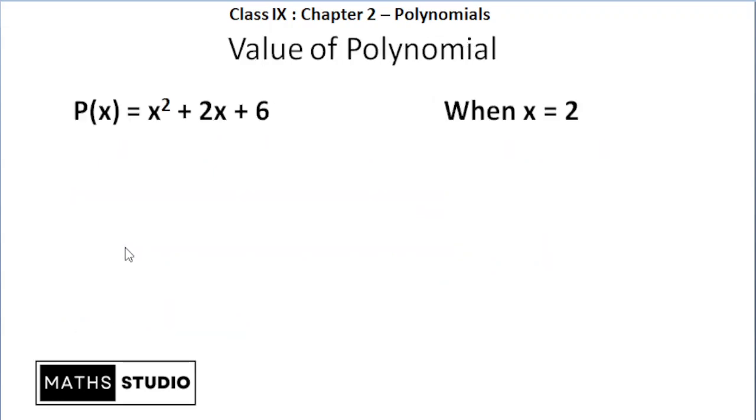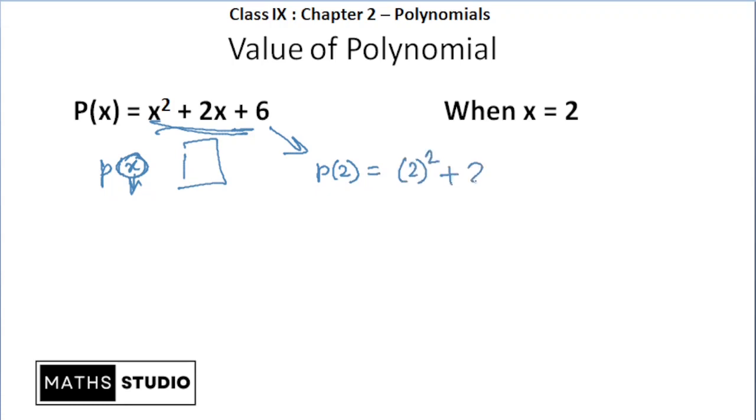Now, what is the value of a polynomial? As I had told you, what was p(x)? p(x), where x is the input, like what value we can put for x so that we get the overall value for this expression, or rather the polynomial. So when I take x equal to 2, how can I write this as p of 2: 2 to the power 2 plus 2 into 2 plus 6.